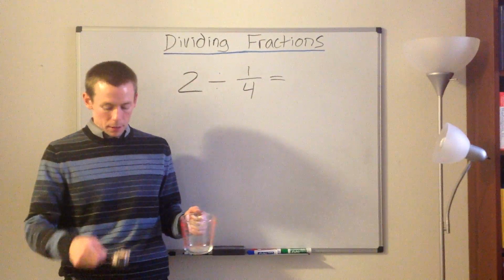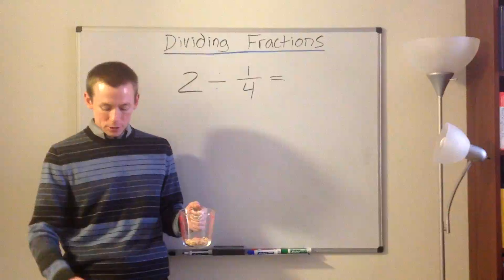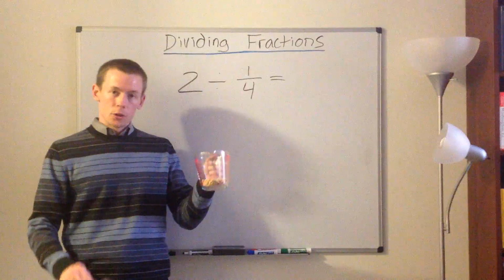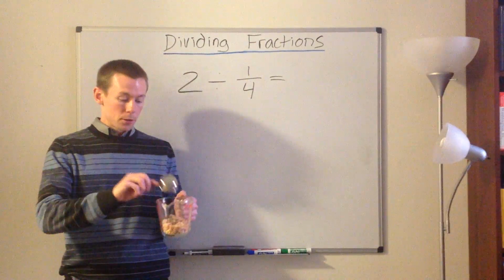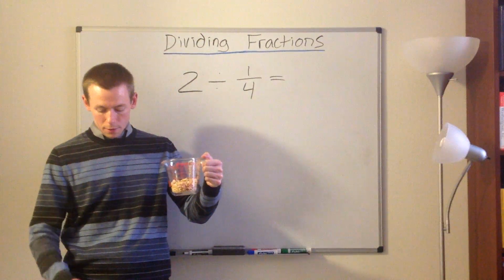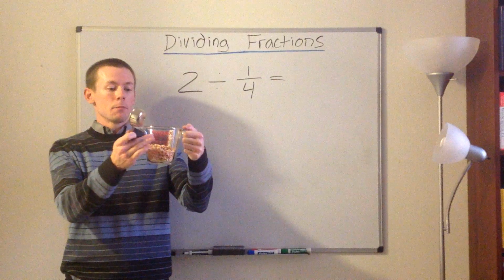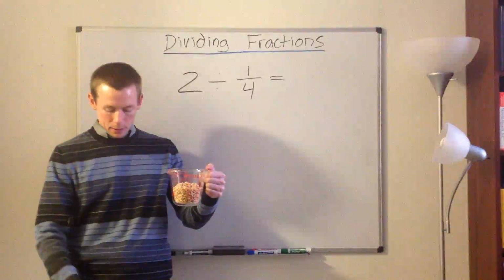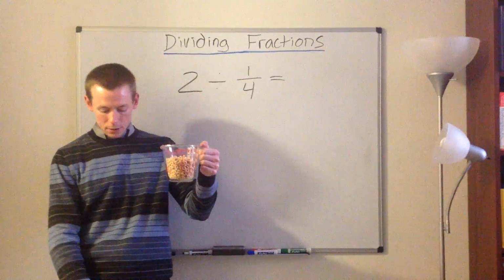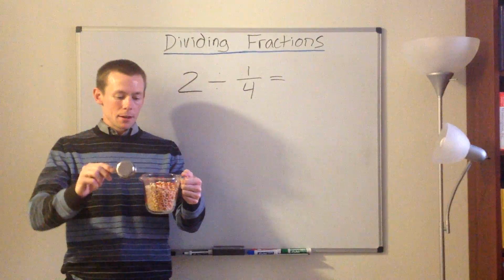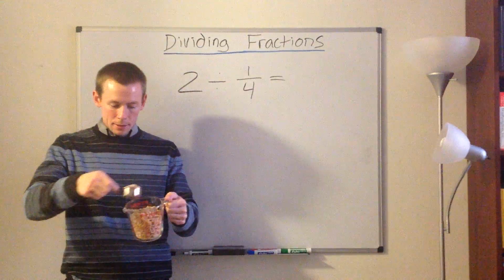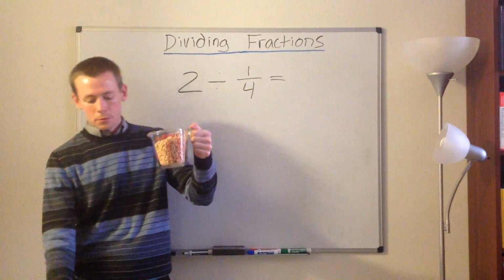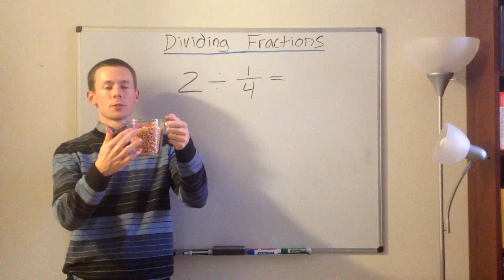So I'm going to need 1. Obviously this is going to take longer because 1/4 is the smallest cup so far. 2, 3, not there, 4, definitely need more, 5, 6, still not there, 7, and 8 gets us exactly up to the 2 cups right here.